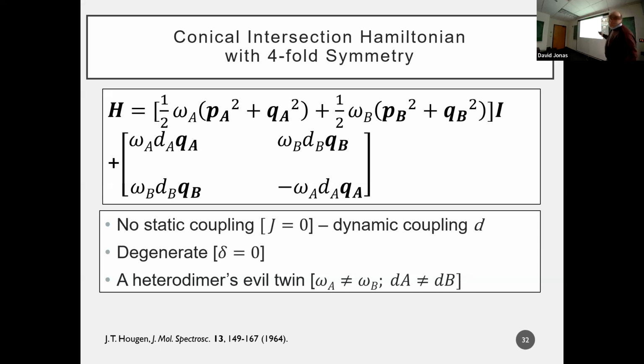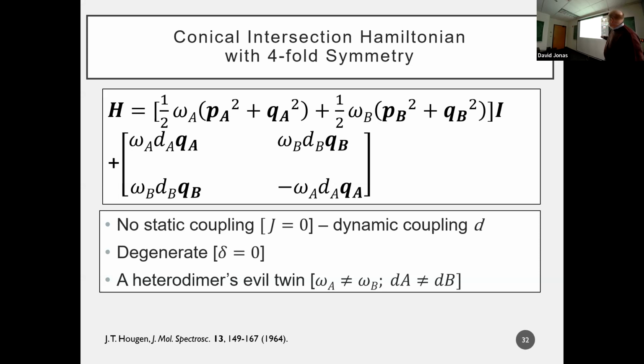And so if we look at a conical intersection with fourfold symmetry and what that Hamiltonian is like, it's just like the one we had before. We have our two vibrations, we have our two electronic states, we have our dynamic couplings, but it's a heterodimer's evil twin. The frequencies don't have to be equal, and the displacements that drive the dynamics don't have to be equal, right?